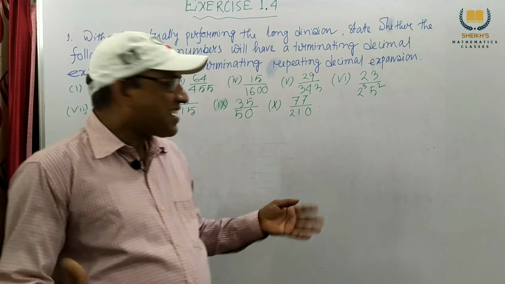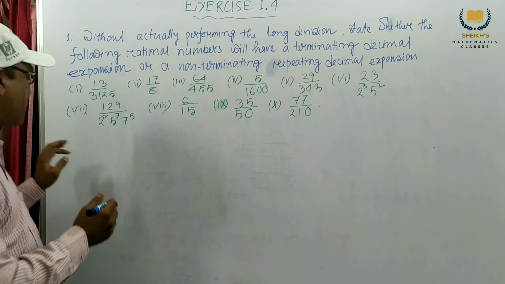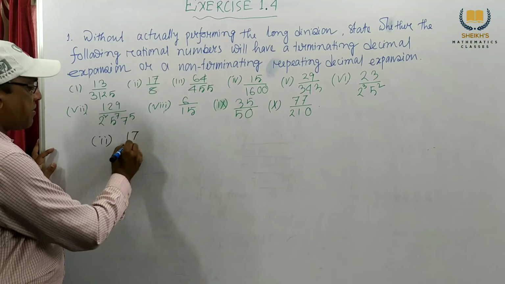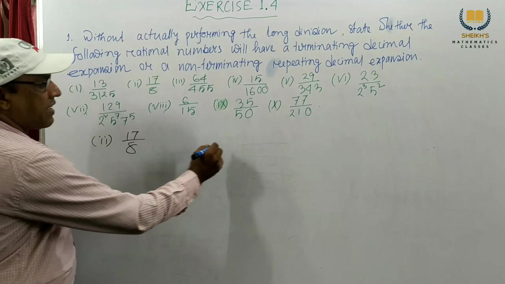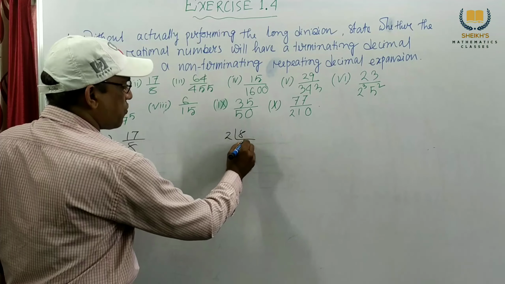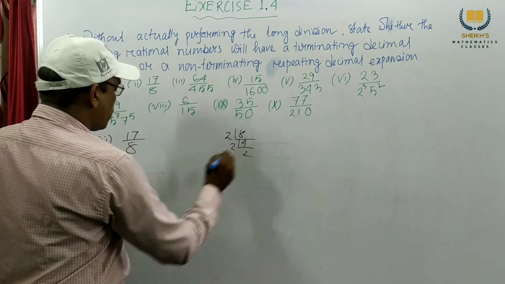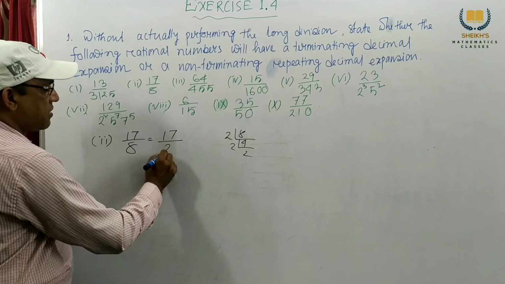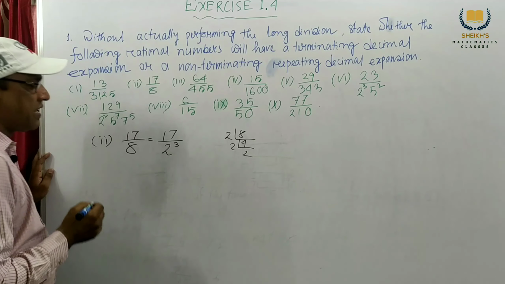Next we consider number 2. Number 2 is very easy. Number 2 is given as 17 by 8. For 8, we know 2 fours are 8, so we can write this as 2 to the power 3.